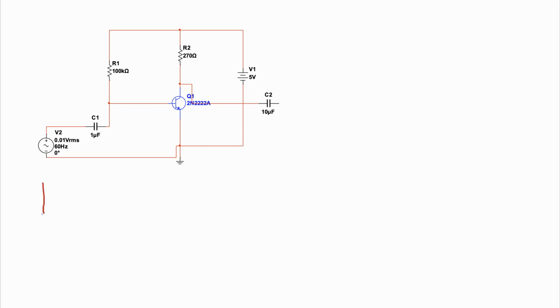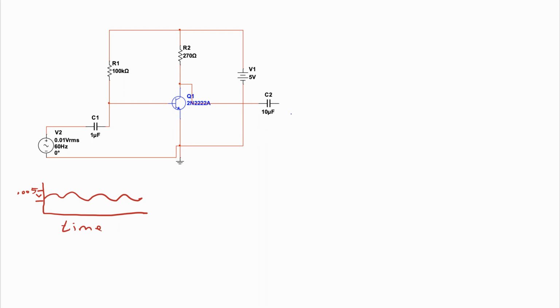If you were to use a meter and look at this over time, you would have a little signal here. 0.005 volts. So a 5 millivolt signal.